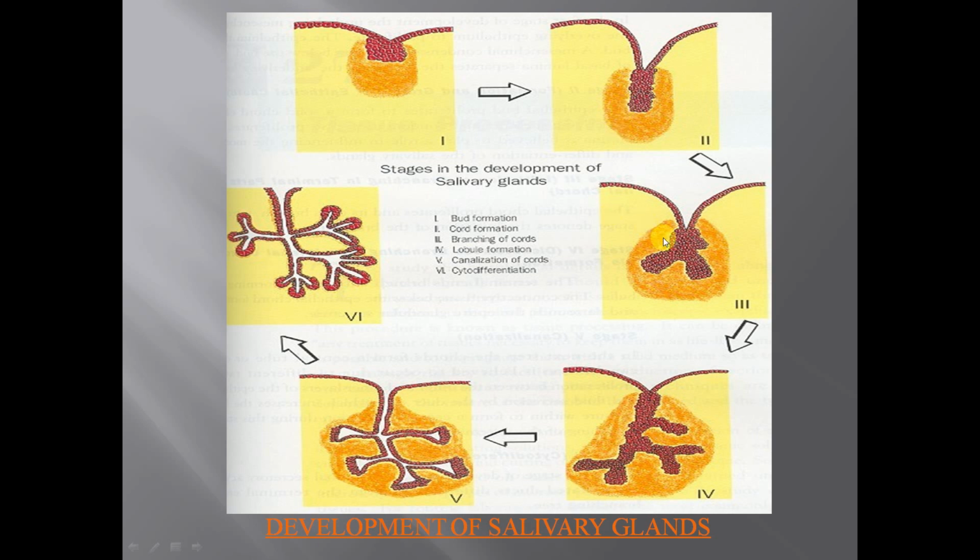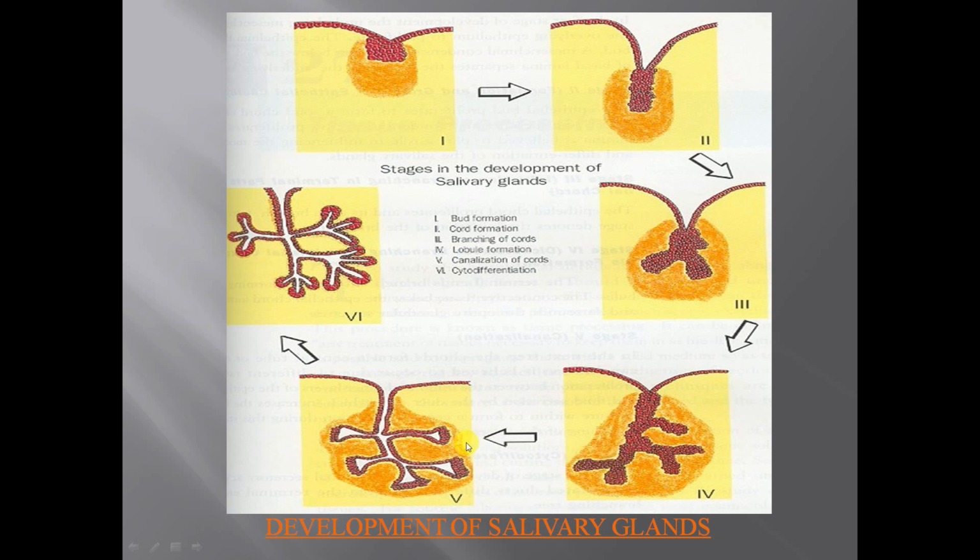And in the third stage, you can see the branching of the cords into the bulbs. In the stage 4, you can see the branching of the epithelial cords and the lobule formation.